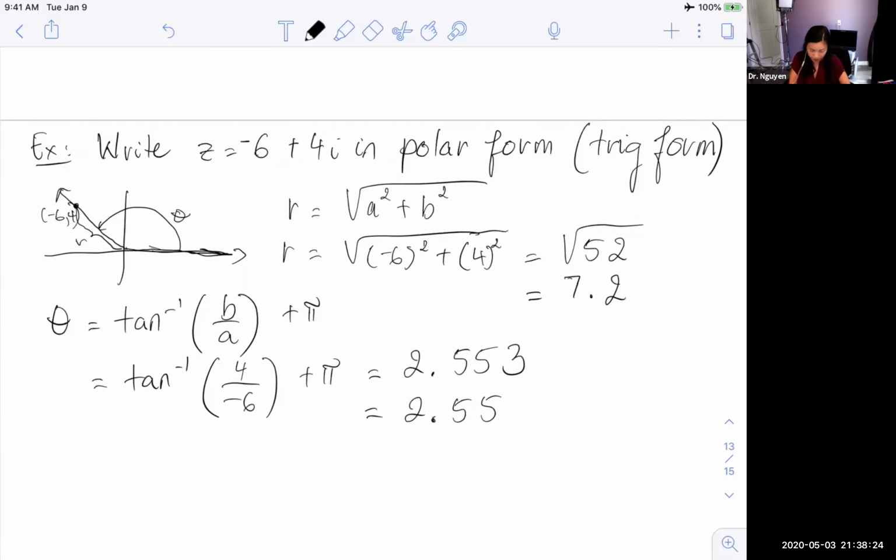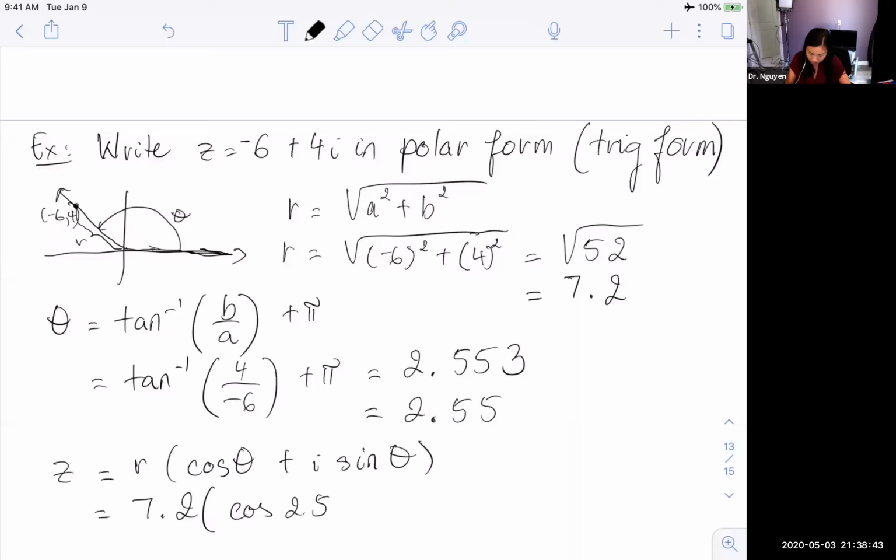We can put it in the form z equals r cosine theta plus i sine theta. So what I have right here is 7.2 cosine 2.55 plus i sine 2.55.